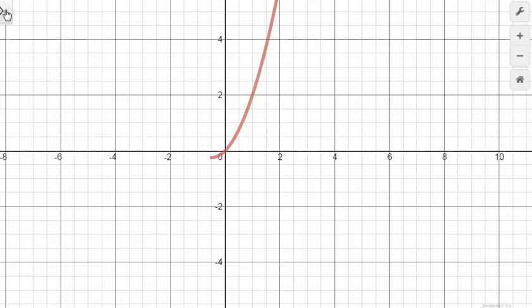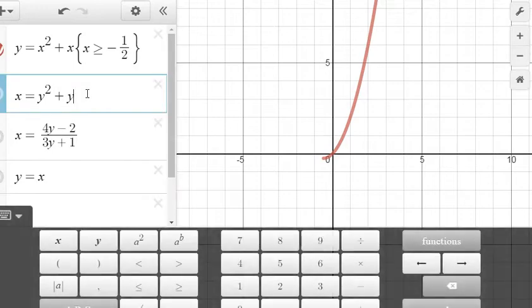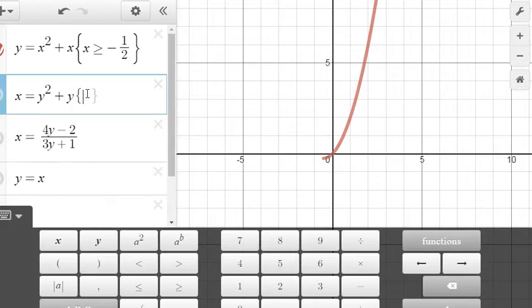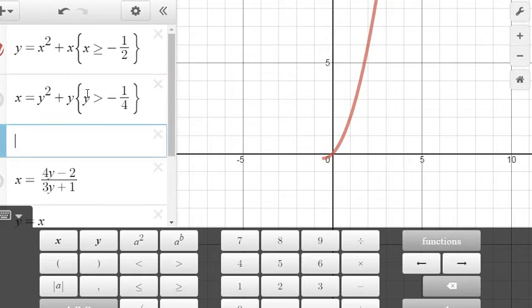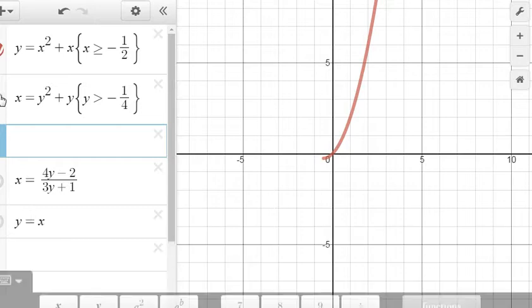So x has to be greater than or equal to negative 1/2. Let's see, and in a similar way, I can make the following restriction on the inverse. Let's see, negative 1/2 squared plus negative 1/2 gives negative 1/4. Y has to be greater than or equal to negative 1/4. I think that's the right restriction.